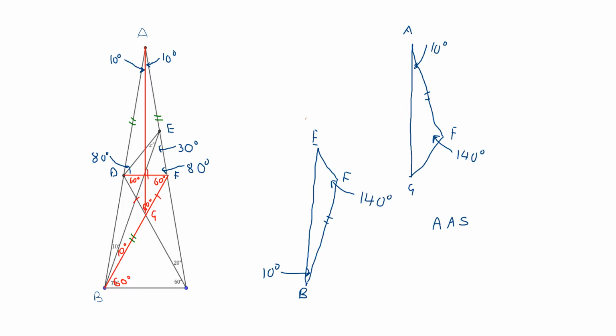But if our triangles are congruent, that of course means that all the matching sides have to be the same. So let's go look for some matching sides. Well, I know that EF is the side opposite the 10 degrees, and GF is the side opposite the 10 degrees. So that must mean that EF and GF are the same.